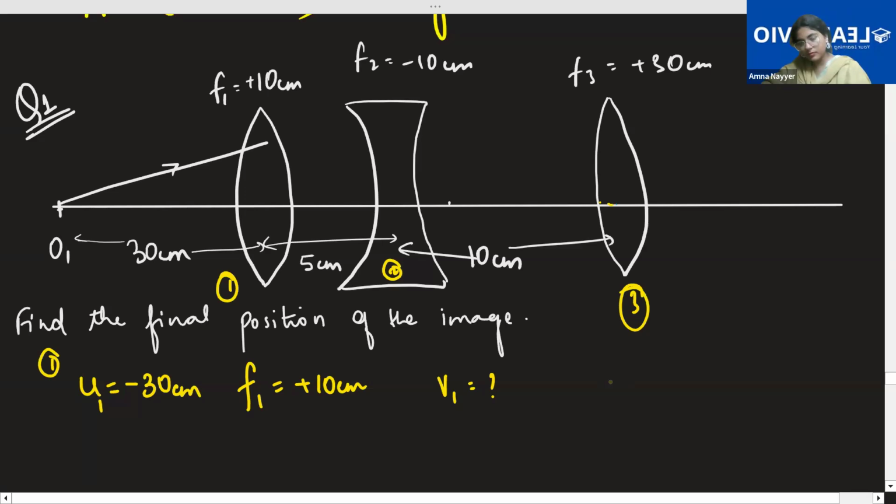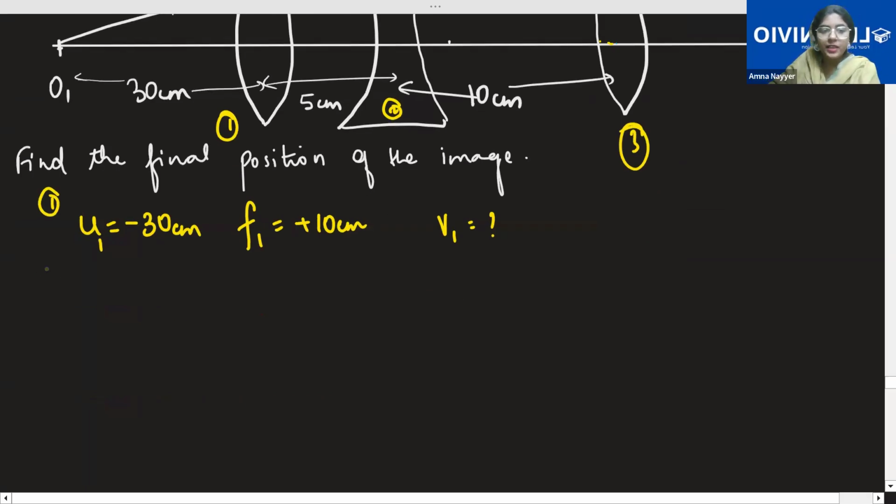What's the lens formula, Marwa? Lens formula is 1 by f equals to 1 by u plus 1 by v. Then 1 by f is equal to 1 by v minus 1 by u, Marwa. Okay. So 1 by f1 will be 1 by v1 minus 1 by u1.